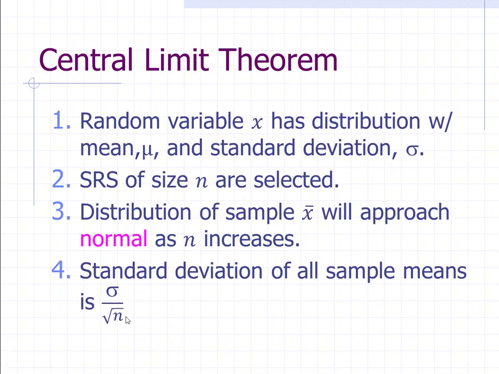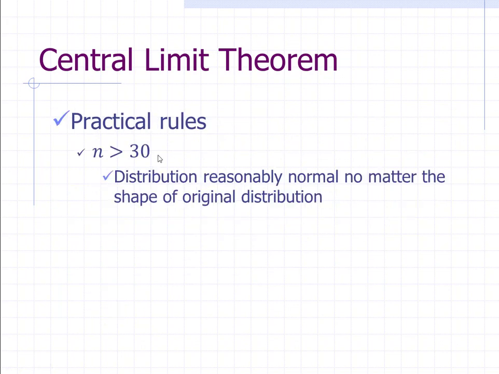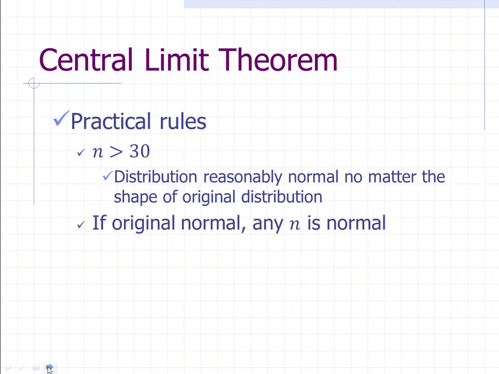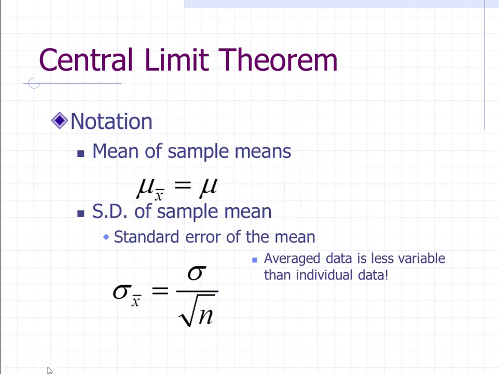So the standard deviation for a sampling mean is smaller than the standard deviation for individual scores. In practicality, we want the number in our samples to be more than 30. Then the distribution of our sampling means will be reasonably normal no matter what shape we started with. And if the original is normal, any number in the sample will give us a normal distribution.